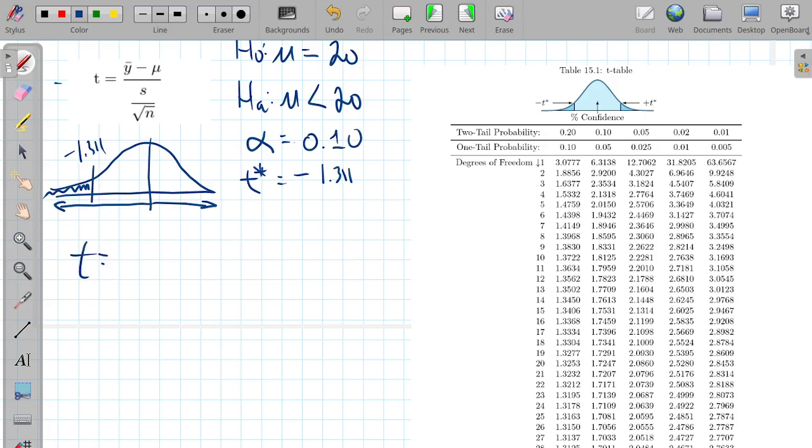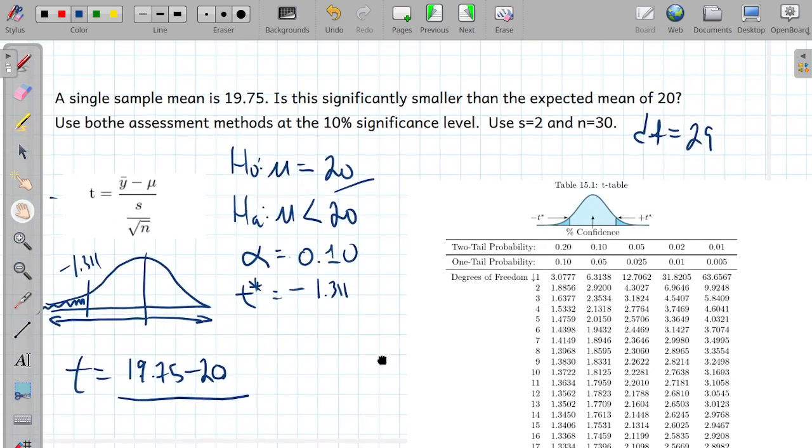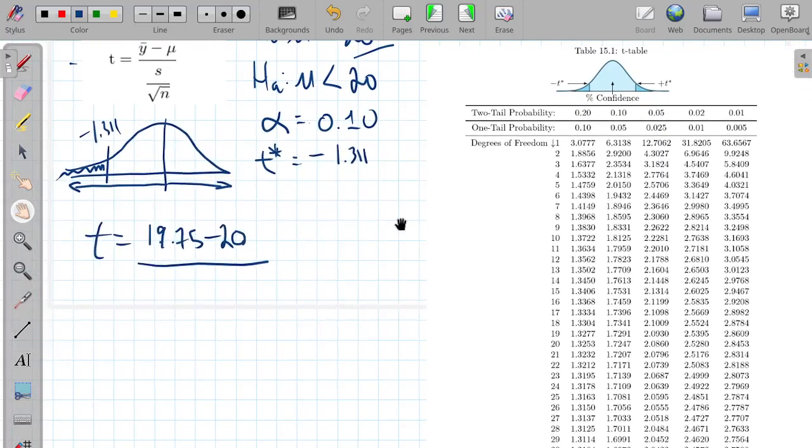Now it's time for some numbers. So t is 19.75 minus 20. Now, what was our standard deviation? It was 2 and n was 30.